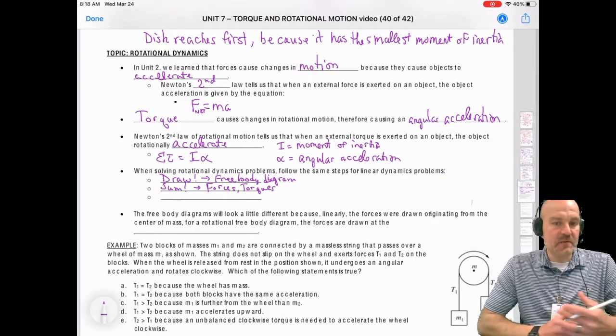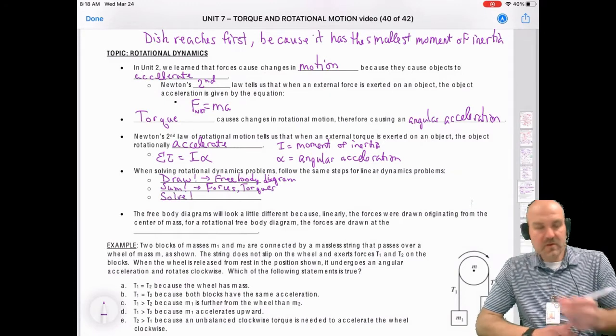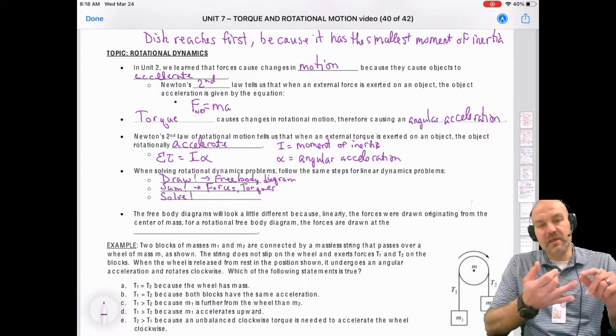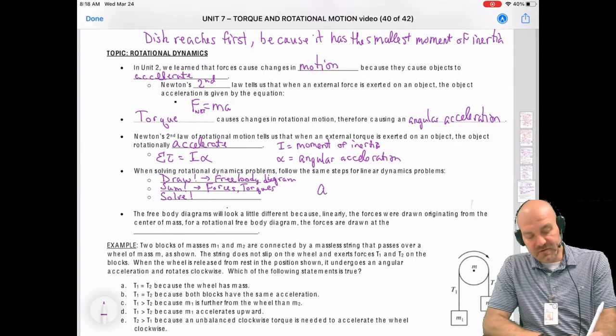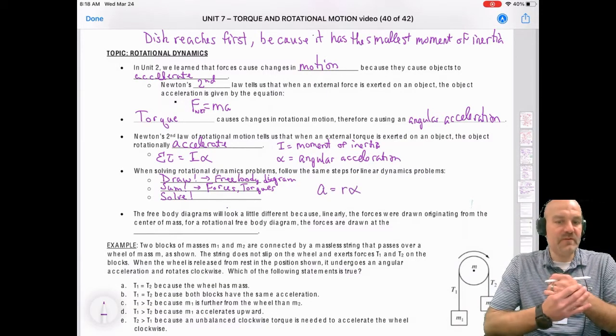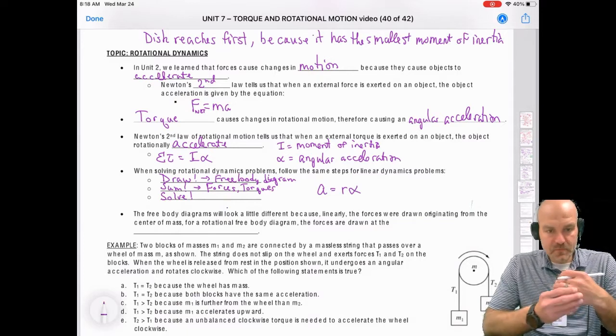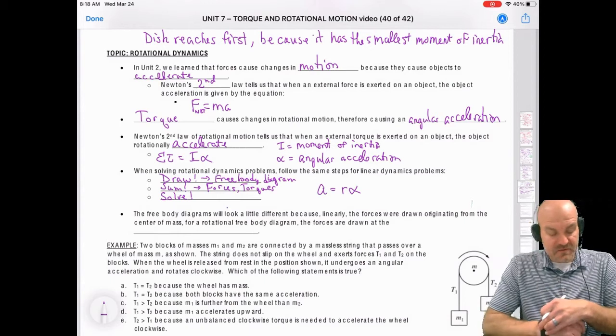And then finally, you solve for what you're looking for. It could be a tension, the angular acceleration, or a linear acceleration. Also remember that the linear acceleration is r alpha, so you may have to use this at some point to help you solve for any accelerations.